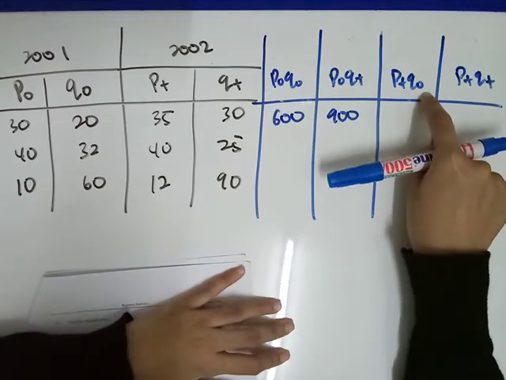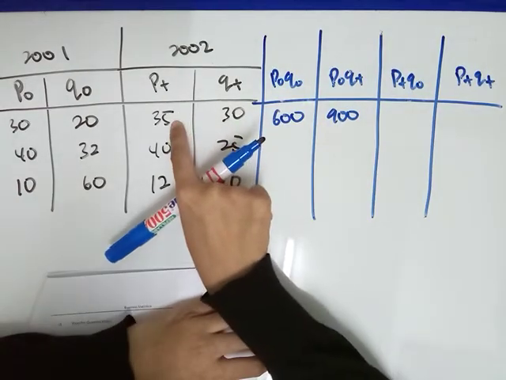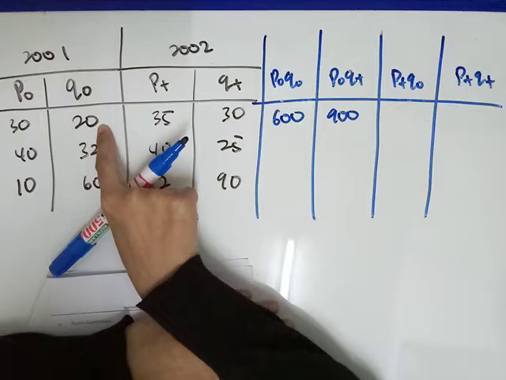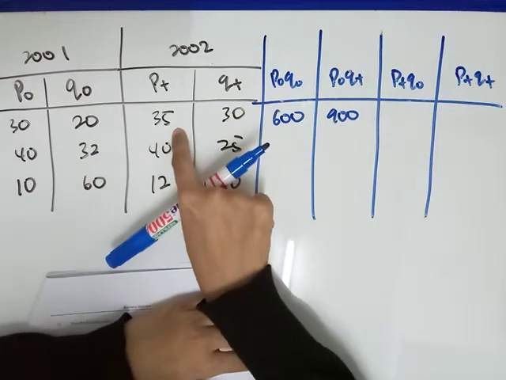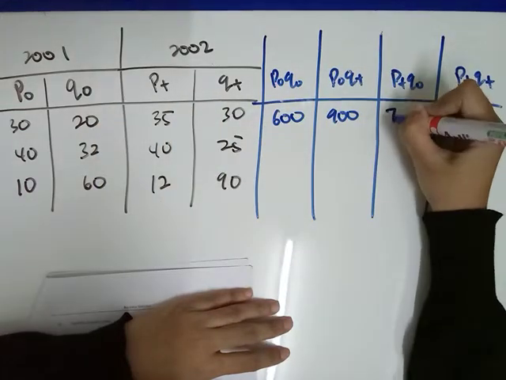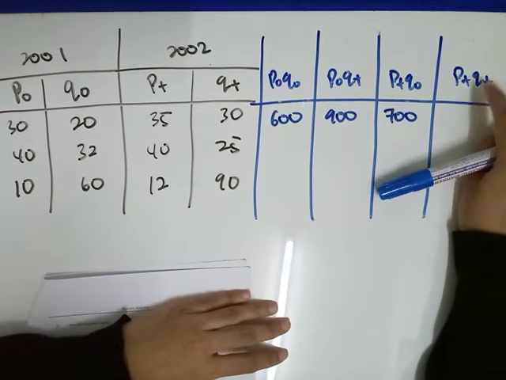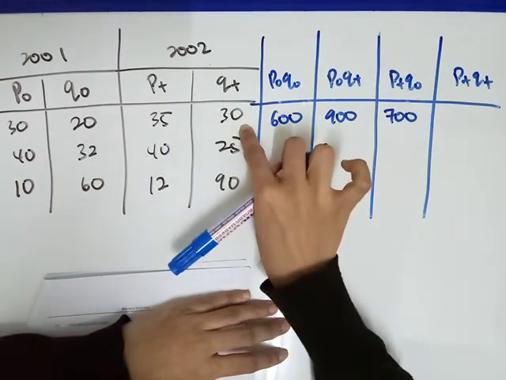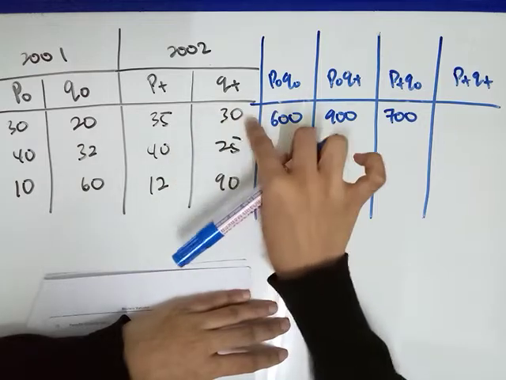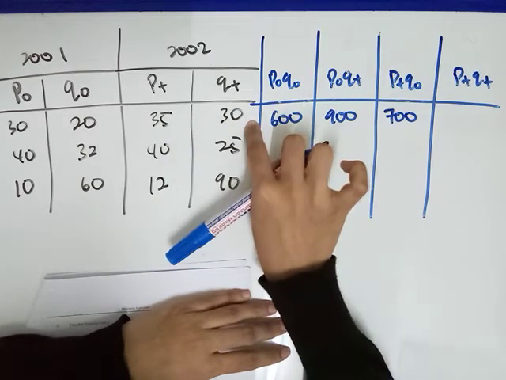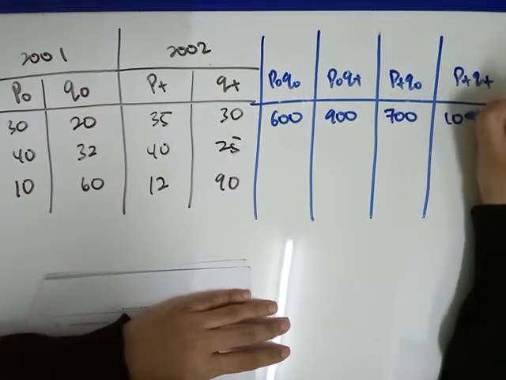For PT times Q naught: PT is 35 times Q naught, which is 20. So 20 times 35, you will get 700. PT times QT: PT is 35, QT is 30. 35 times 30, you will get 1050.